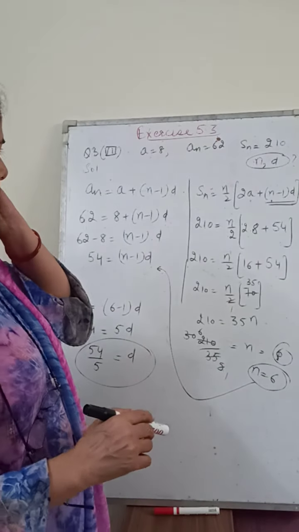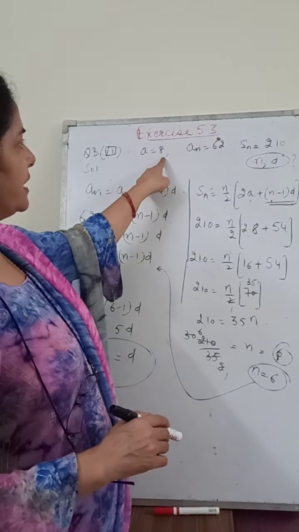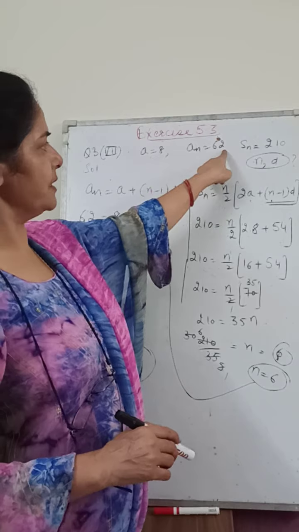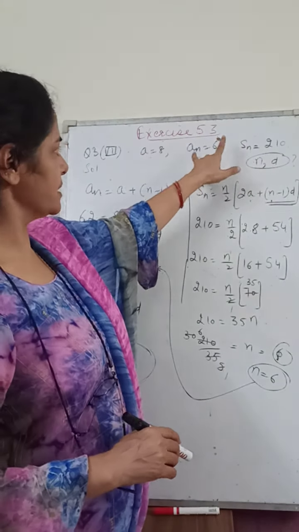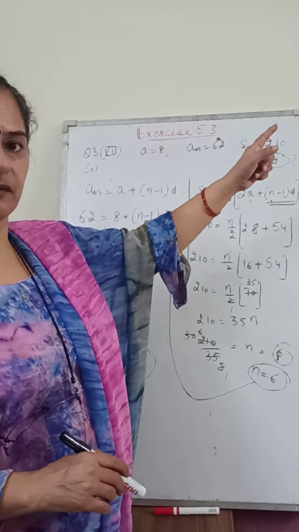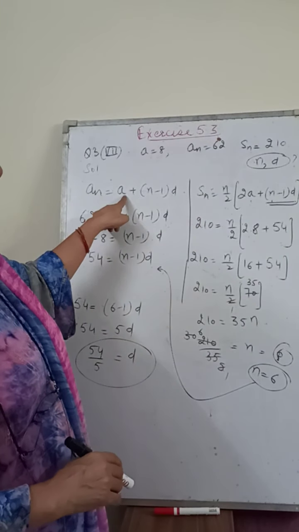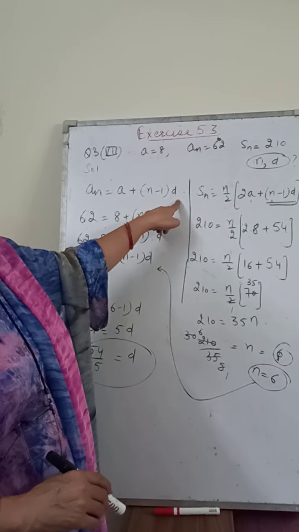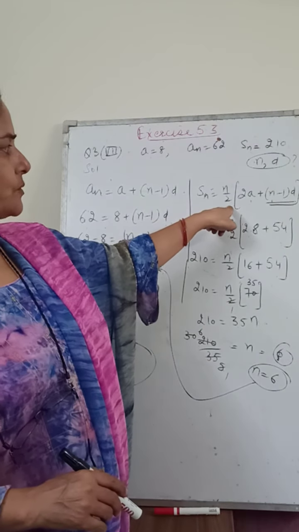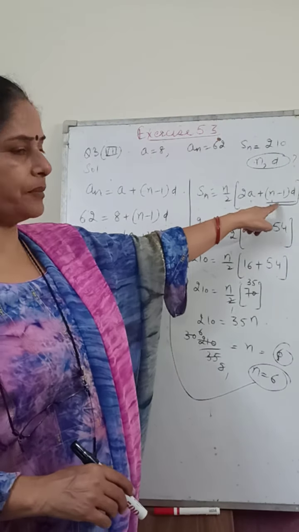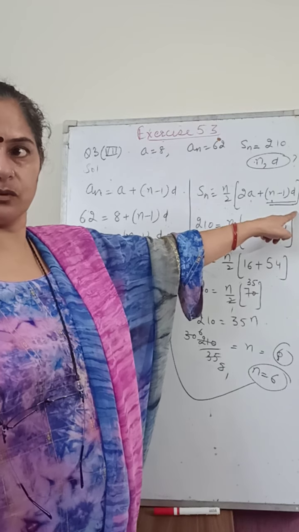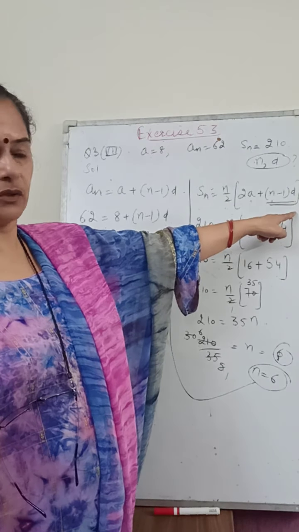Once again I am telling you children, A is given 8, An is given, Sn is given. Because An and Sn are given, it means we will use the formula of An and Sn. An is equal to A plus n minus 1 into d. Sn is equal to n by 2, 2a plus n minus 1 into d.